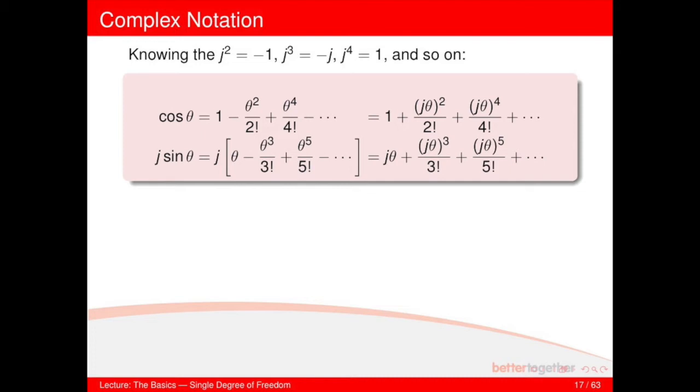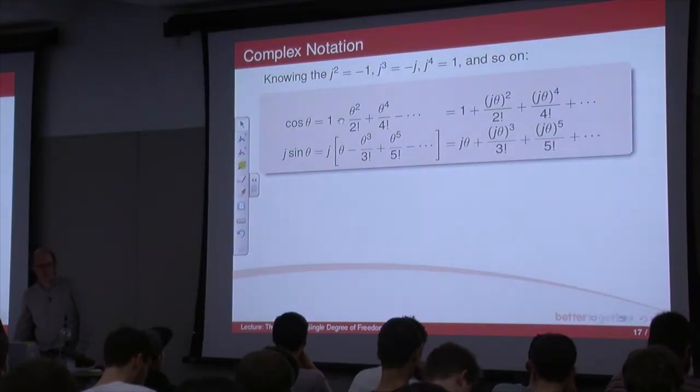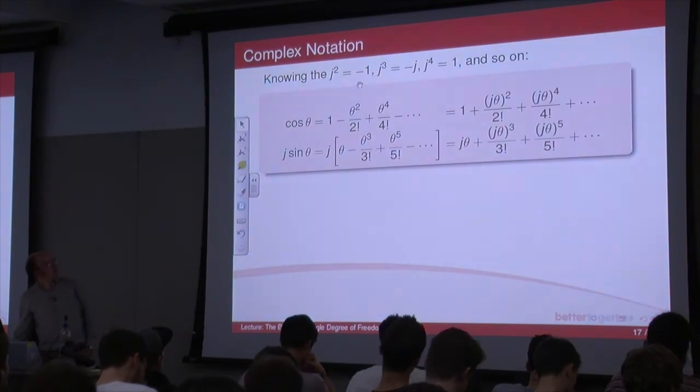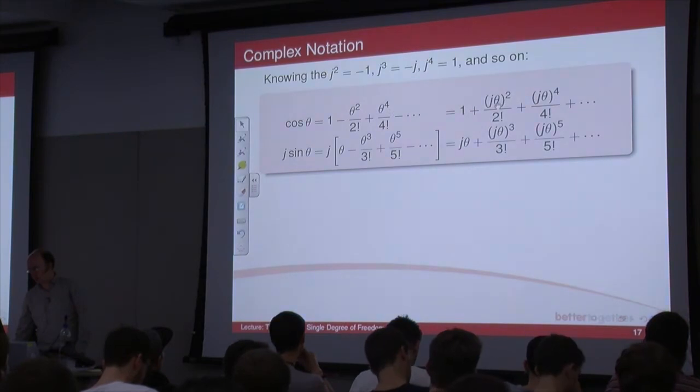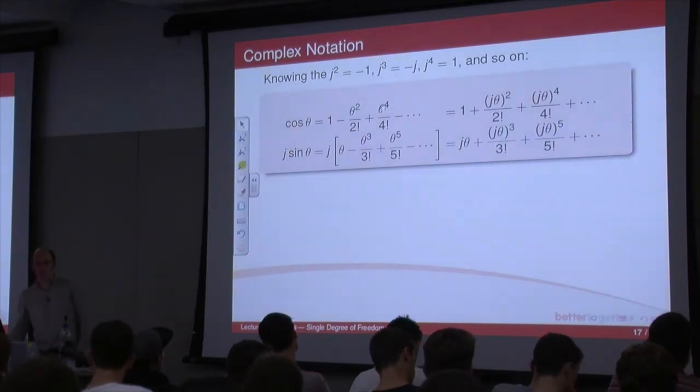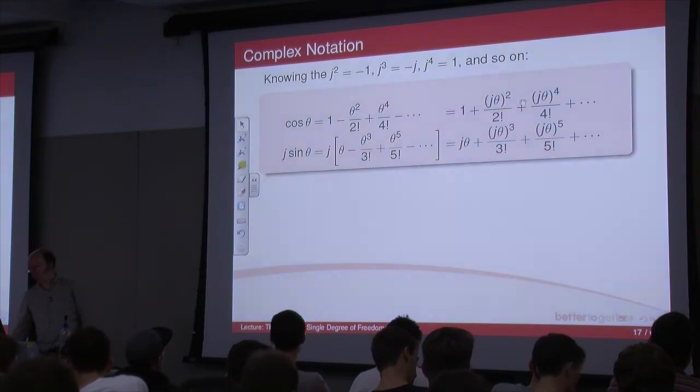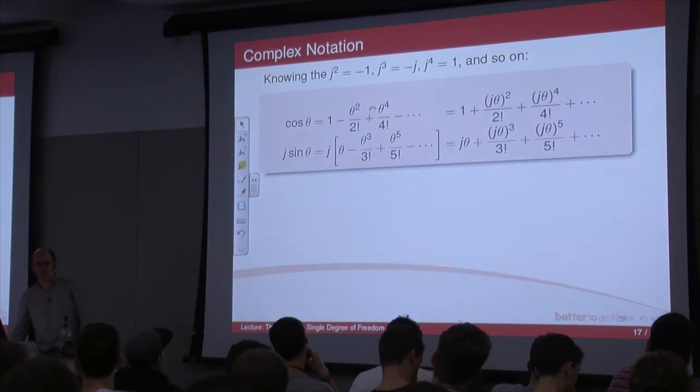Because obviously here, if I mark it up, here we've got a minus sign. And obviously -1 is j squared, so we can actually join the j up with this bit, and that takes account of the -1. So we've got j squared in there, which is -1, so that becomes a plus. And obviously j to the power of 4 is +1, so that doesn't change that, so we could put j to the 4 there. j to the 6 obviously will be minus, and so on.